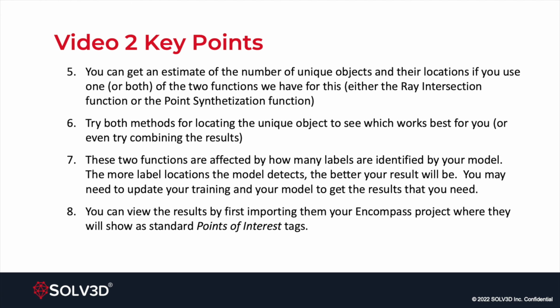Both of these methods are affected by the number of labels that are created by your model. So if you're not getting the results that you want, I'd recommend you go back to your model, look at your training data, and see if you need to increase the number and location of your example object labels. When you've got the results, you can view them by importing them into an Encompass project, where they appear as regular points of interest tags.